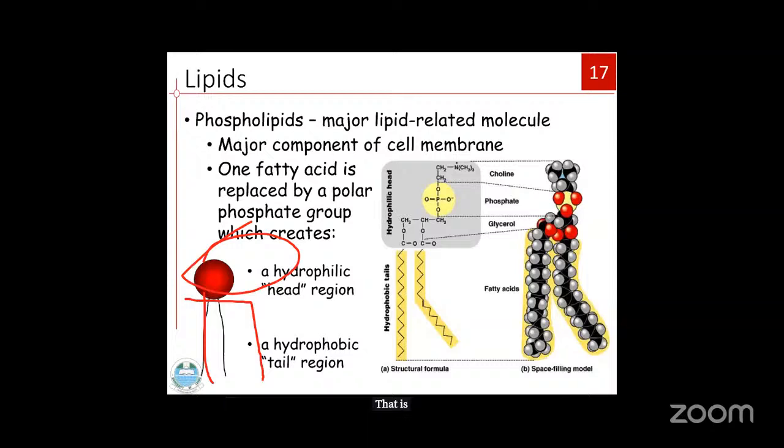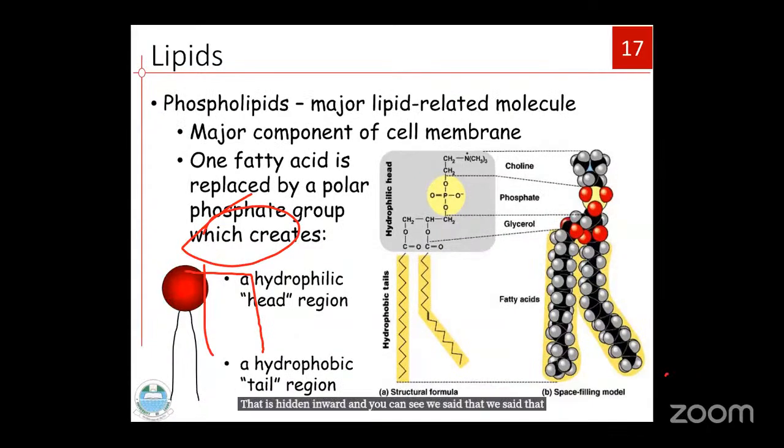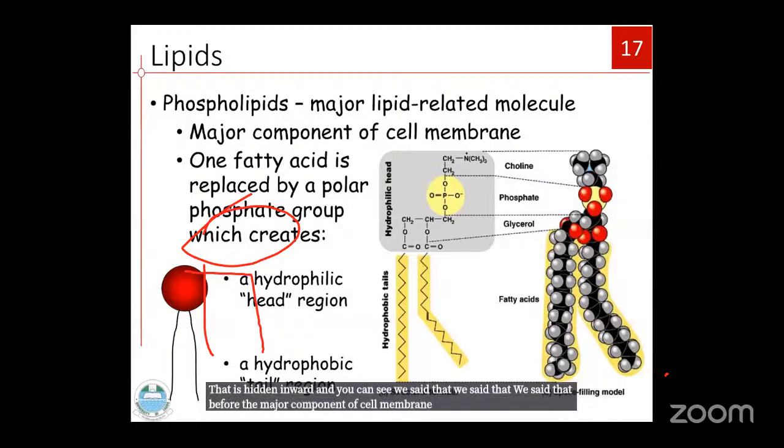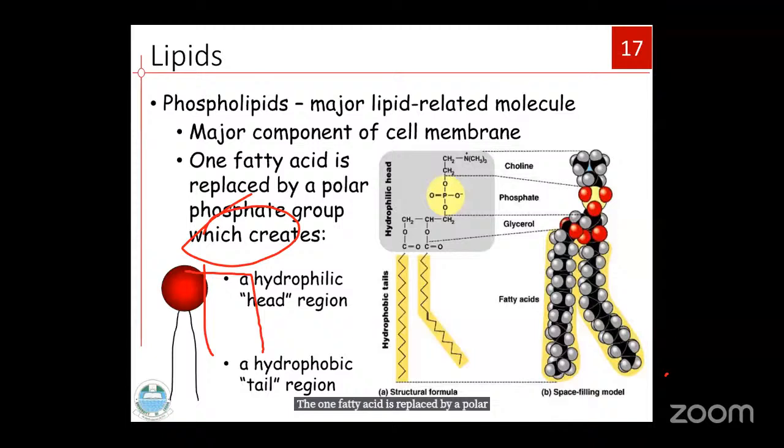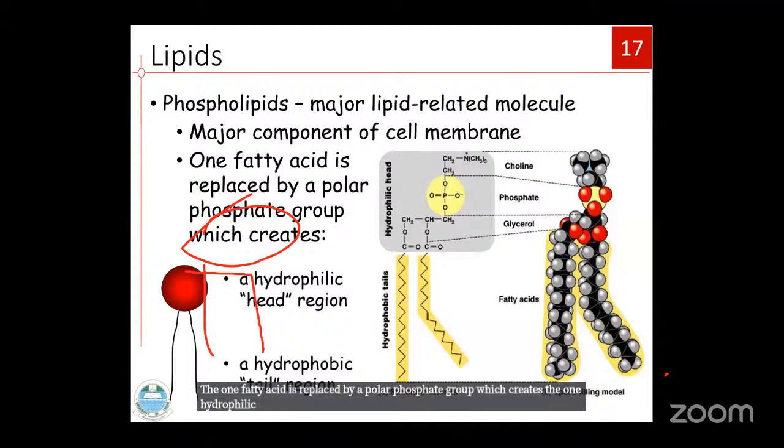And we said they form the major component of the cell membrane, and one fatty acid is replaced by a polar phosphate group, which creates the one hydrophilic head and the hydrophobic tail.